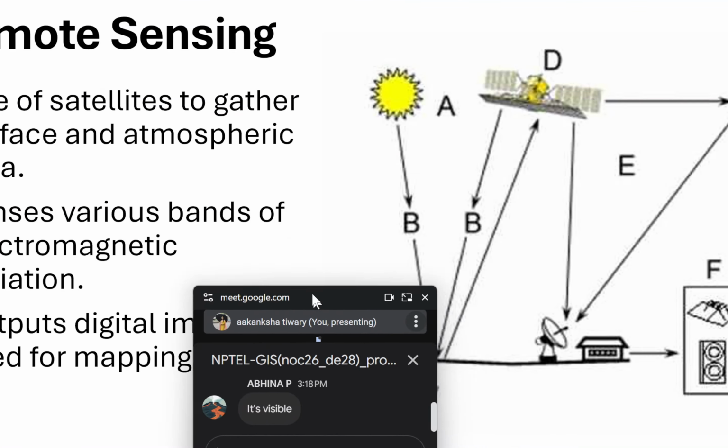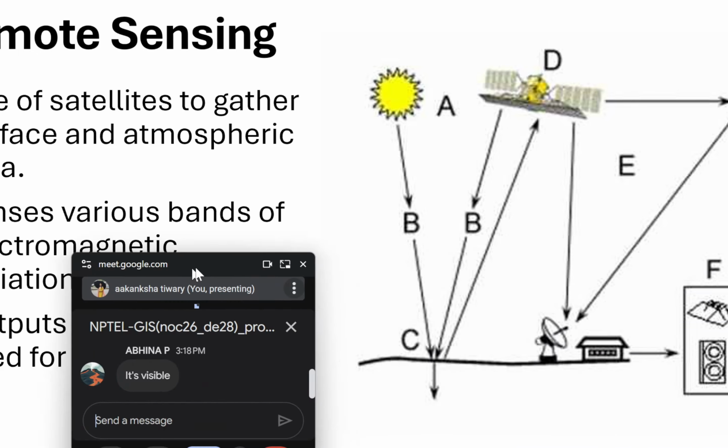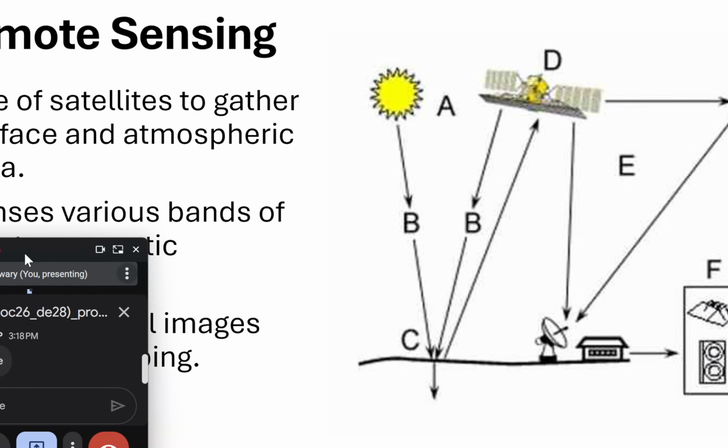So now I'll move on to the basic components of remote sensing. First of all, there is a source of energy. For Earth and most of the satellite images that we have, the sun is giving the electromagnetic energy.